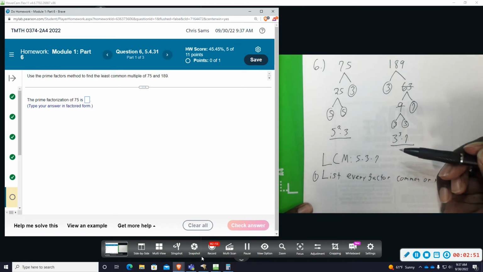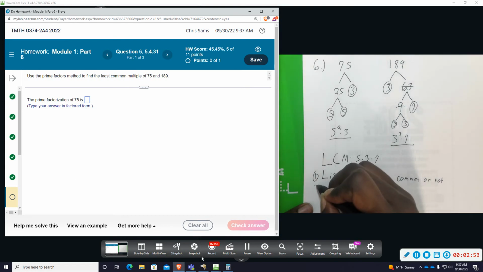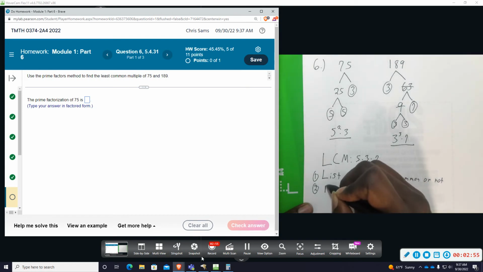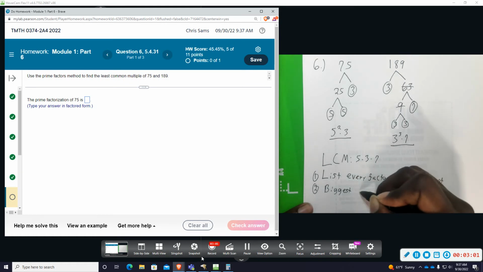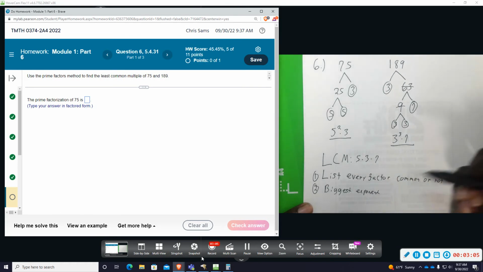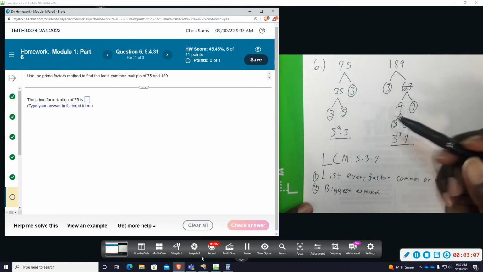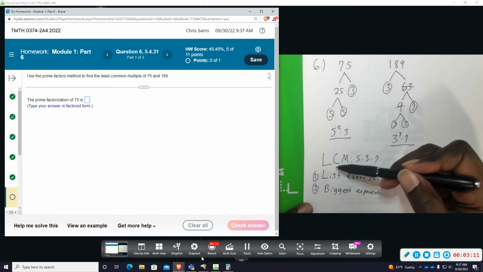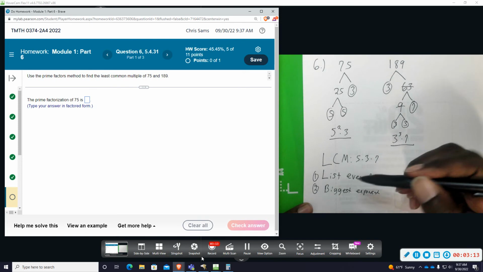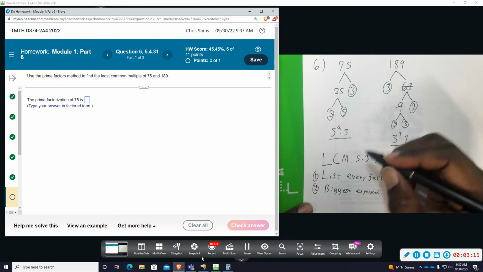And then you're going to take the biggest exponent. So you're going to take the largest. I know greatest you would think would take the greatest, but it takes the smallest. Least you would think it takes the smallest, but it takes the greatest. So you're going to go to 5 and take the biggest exponent.